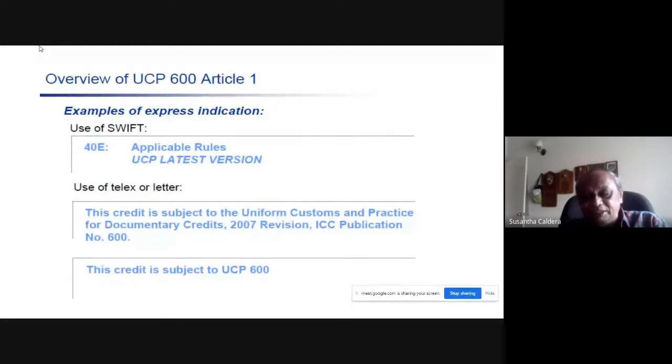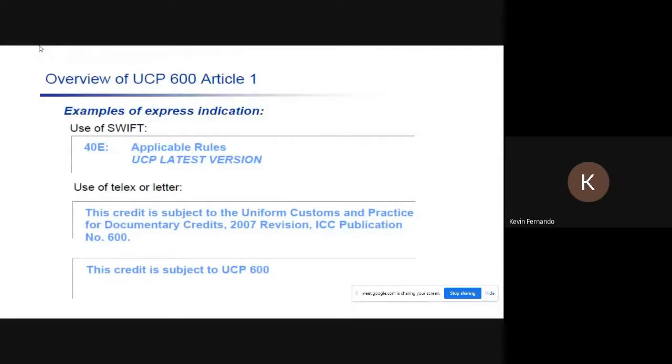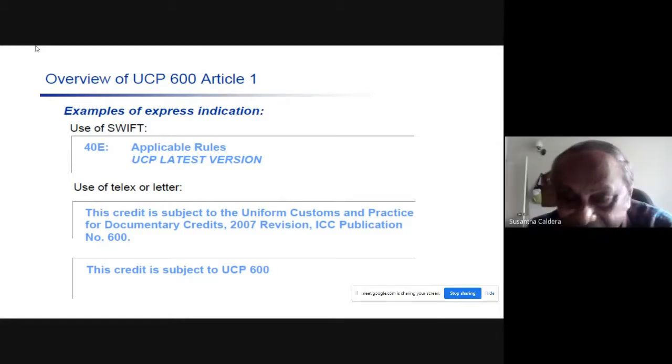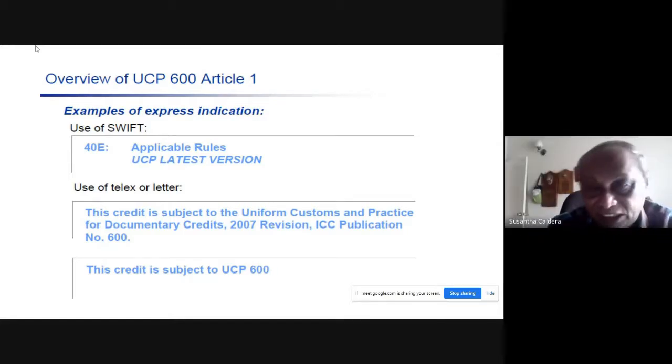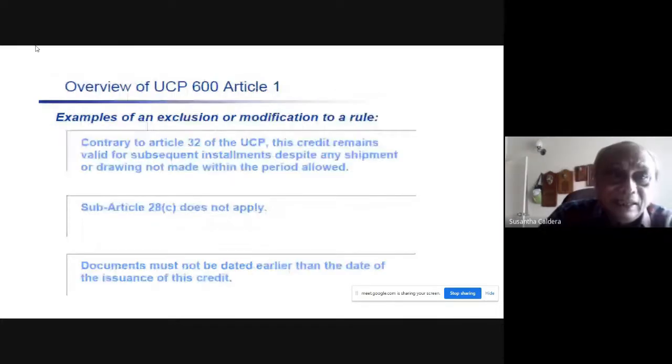MT 700. The field is 40E, but the Swift code is for Swift type. Swift type is MT 700, right? Okay.